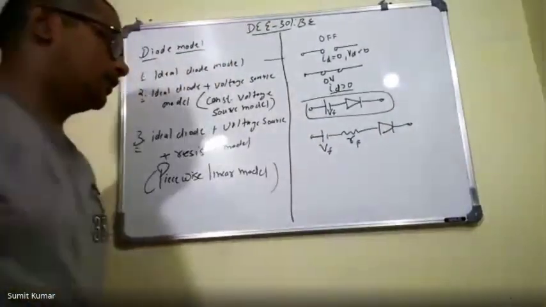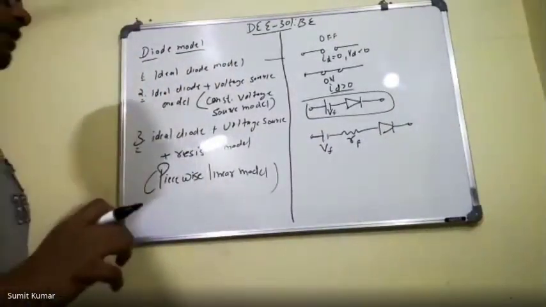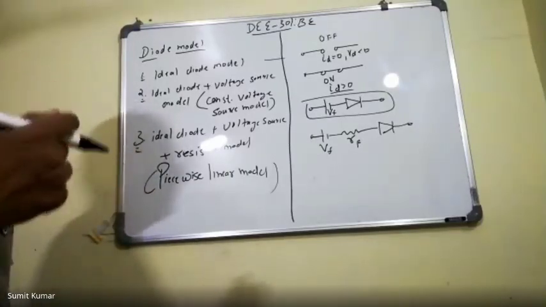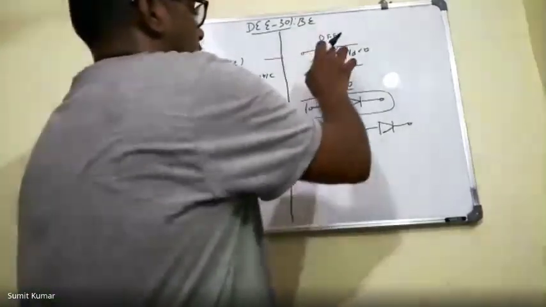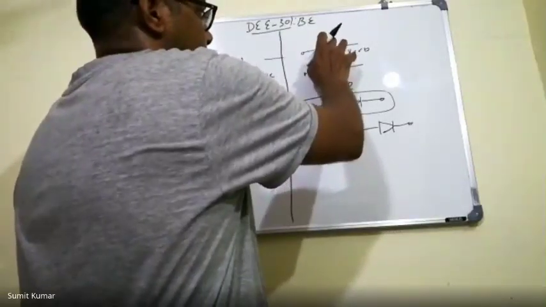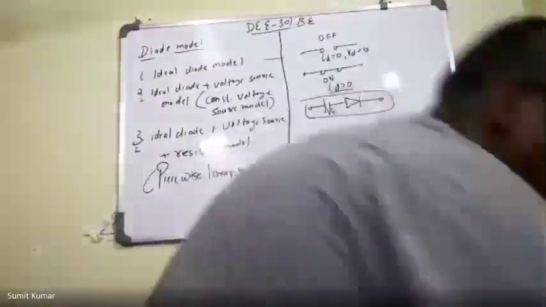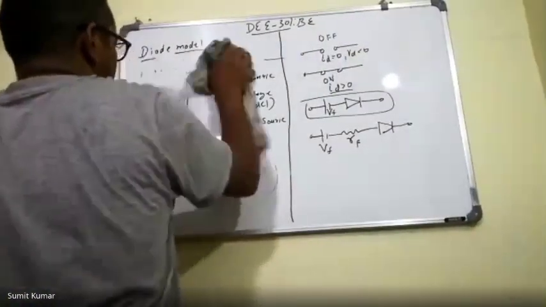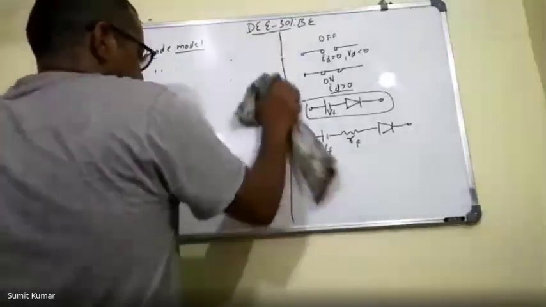Now, in order to understand these models separately, let us try to solve the same numerical which we have solved with the help of the ideal diode model. That will give you more clarity about these models. How can we apply these models on the circuits?